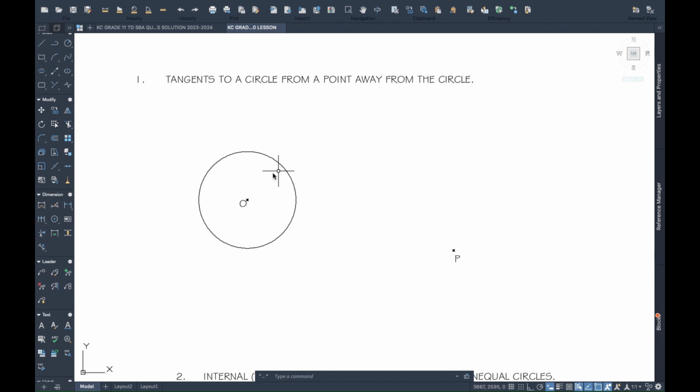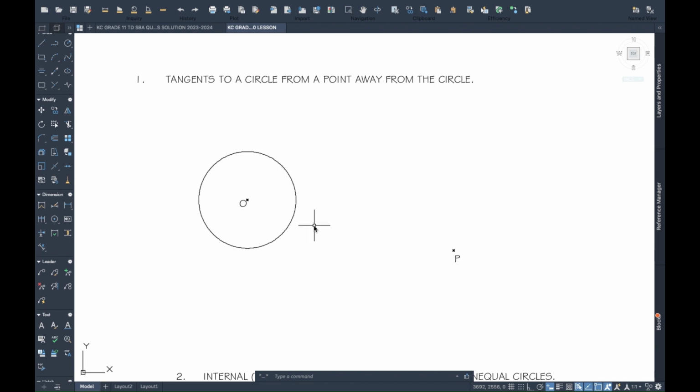The radius can be here or there, right? As long as the line is 90 degrees to the radius or the diameter of the circle, then that line is said to be a tangent to that particular circle.